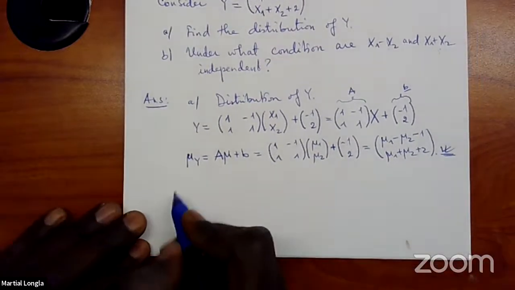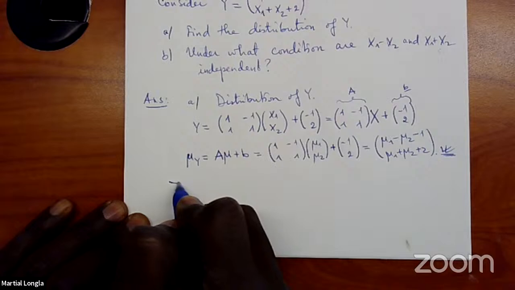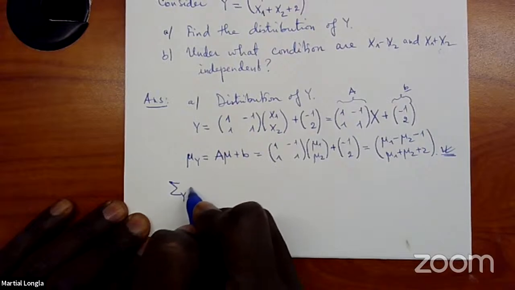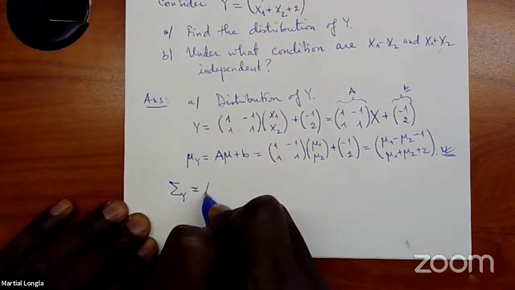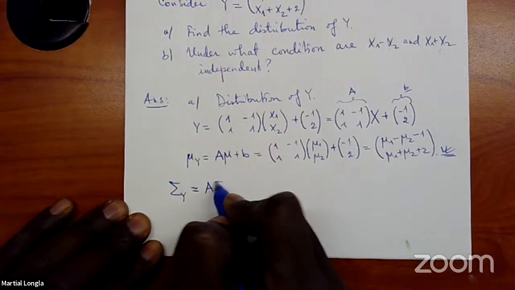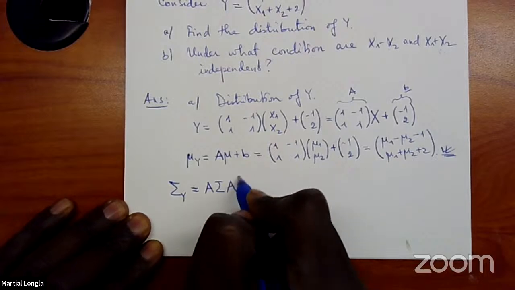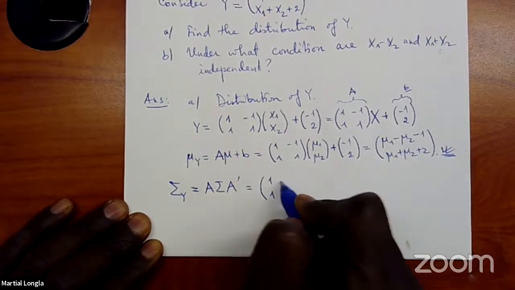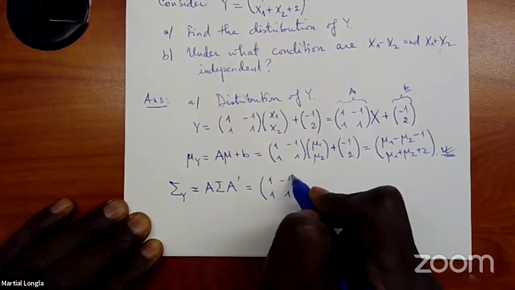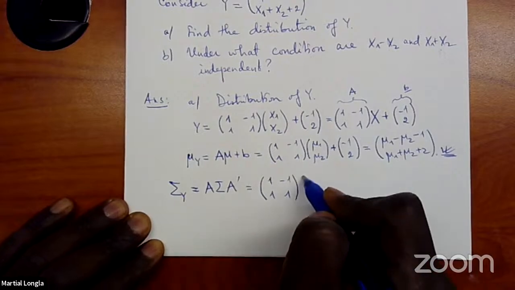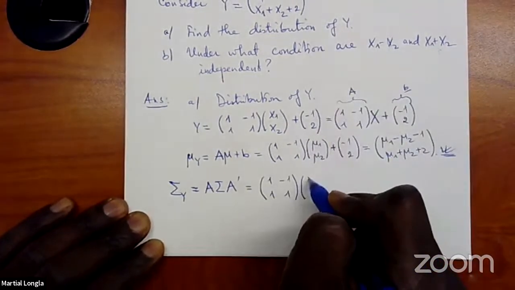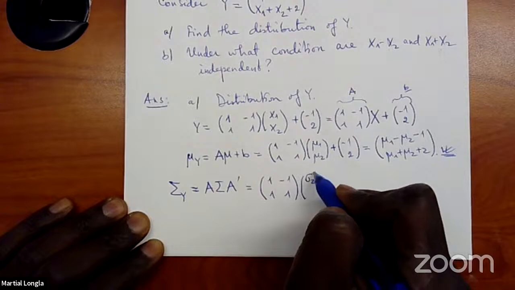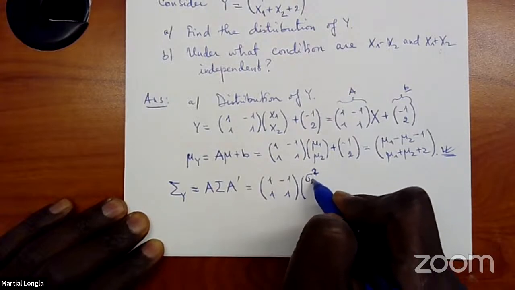And now to find the variance covariance matrix, it's A sigma A transpose. A is 1, minus 1, 1, 1. And sigma is sigma 1 squared, rho sigma 1 sigma 2, rho sigma 1 sigma 2, and sigma 2 squared. I don't know why I always turn to put this 2 below.